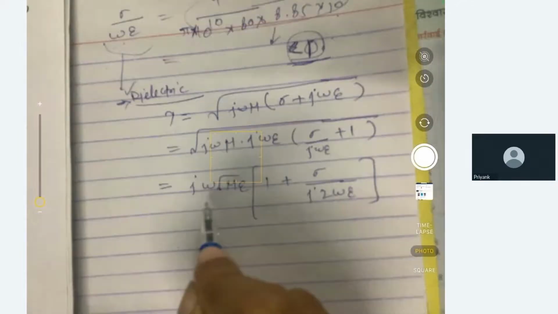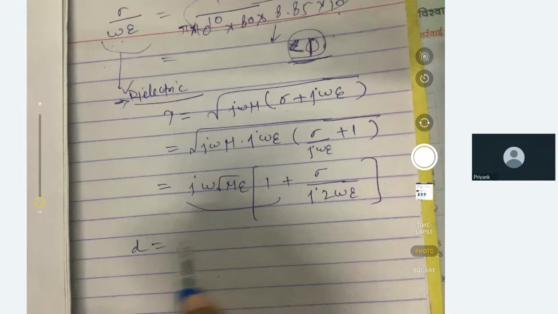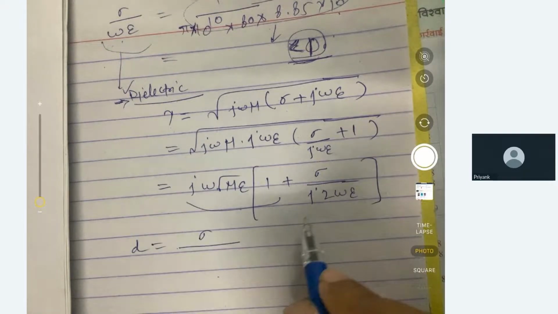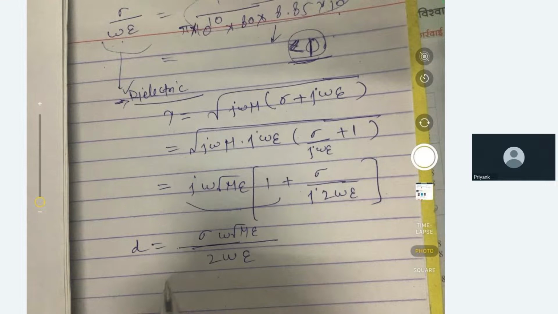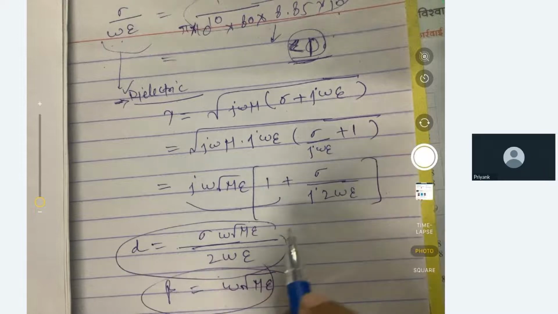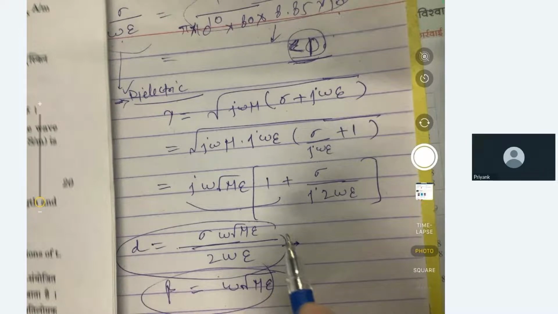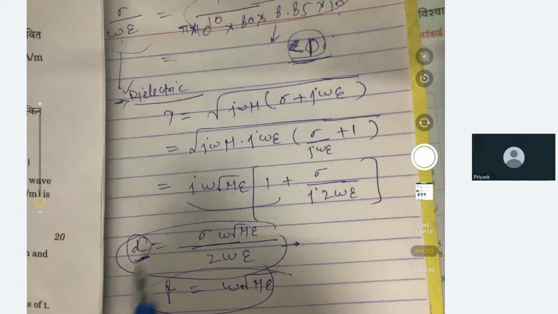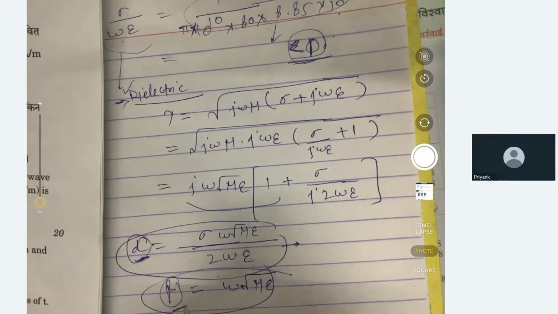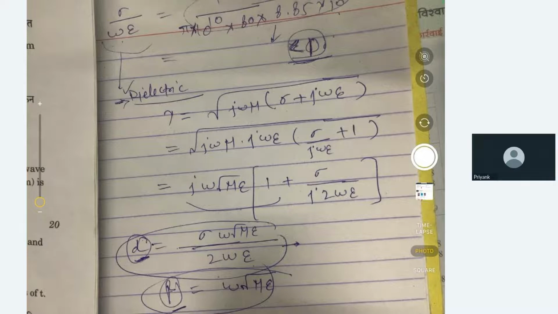So alpha will be equal to sigma upon 2 under root mu upon epsilon, and beta will be equal to omega under root mu epsilon. This is the attenuation constant, alpha. Sigma, mu, omega, everything is given here. So the attenuation constant can be found from this formula, and the phase constant from this formula.